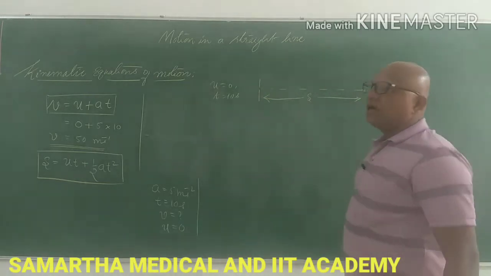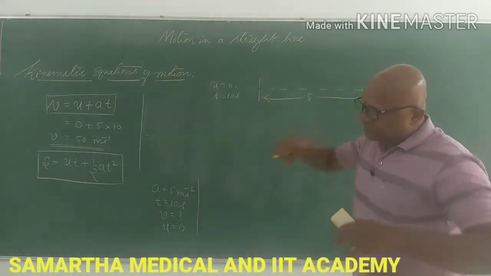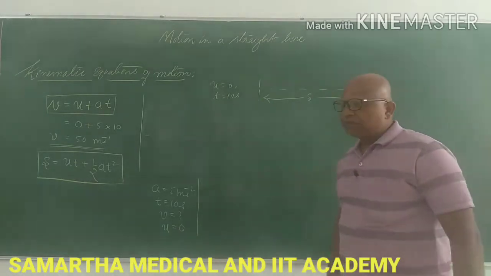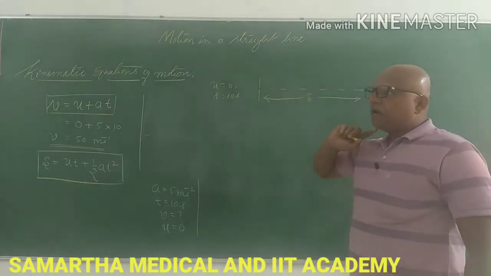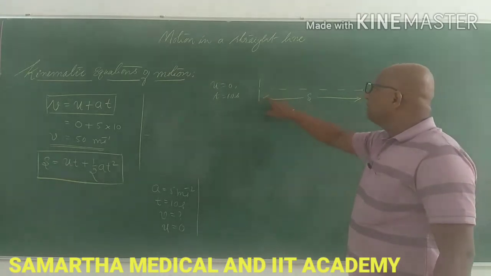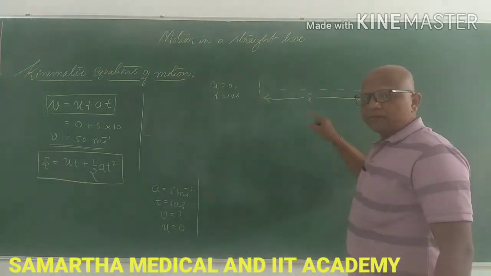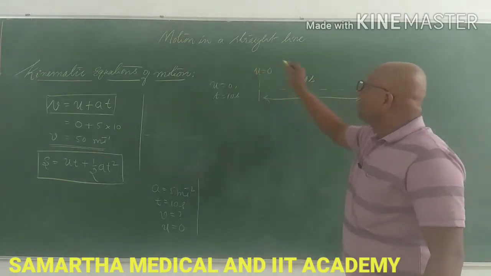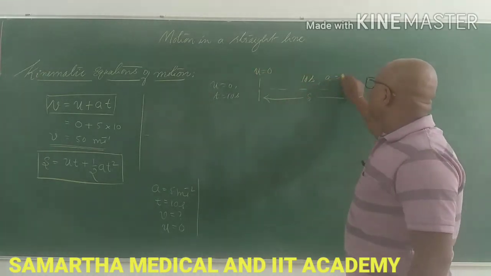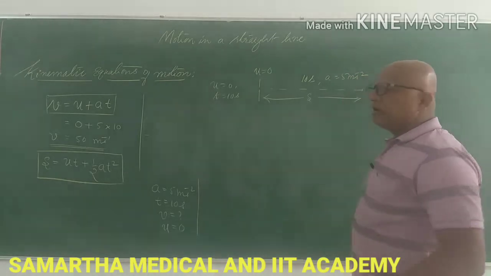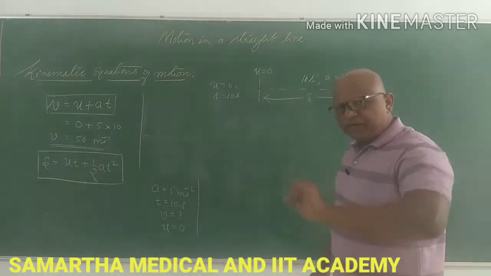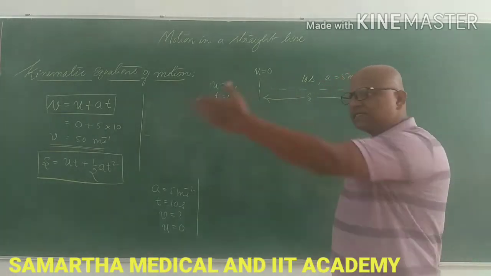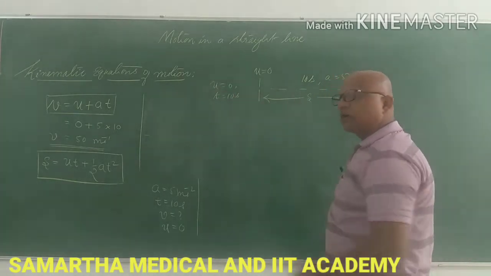I will wait up to 10 seconds, tell the rider to stop there, and then go and calculate the displacement covered by the biker after 10 seconds. If he starts from rest and moves with an acceleration of 5 meter per second square, every second he increases the speed by 5 meter per second, up to 10 seconds. In these 10 seconds, what is the displacement covered by him?